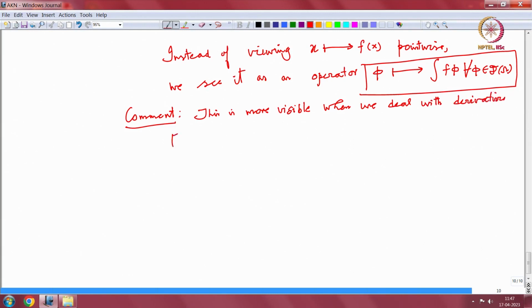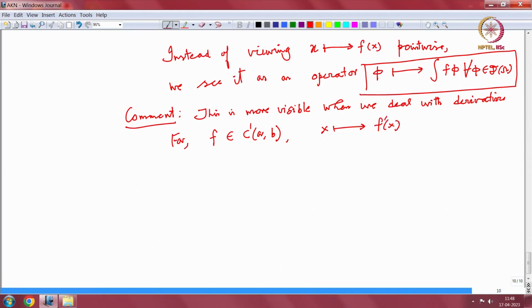For example, let f be C1 of (a,b). Okay. Then you have your pointwise association, x going to f prime of x.